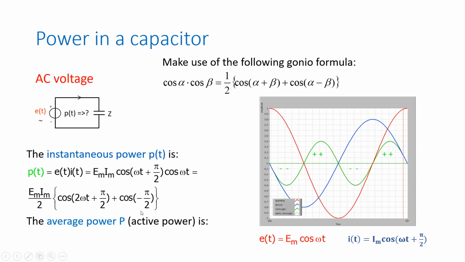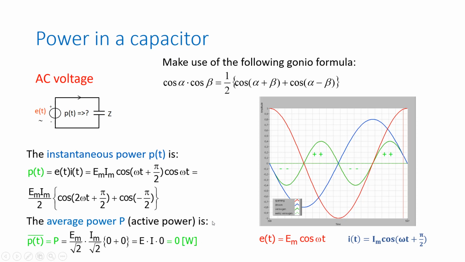Remember, this is already 0. So it's equal to Em over the square root of 2, so it's the RMS voltage, times Im over the square root of 2, which is equal to the RMS current, times the average value of a cosine, which is 0. So my average power is 0 watt, what we also saw with the inductor.